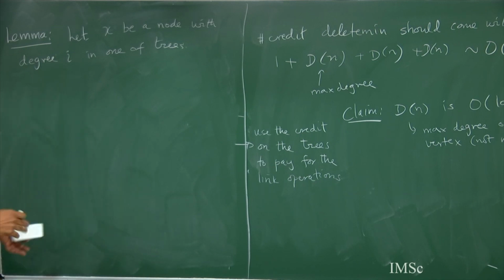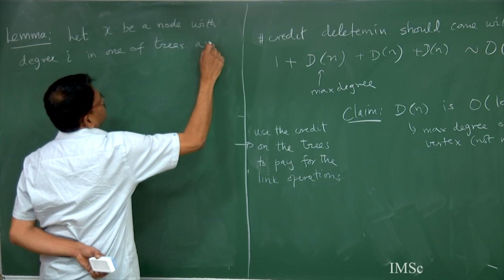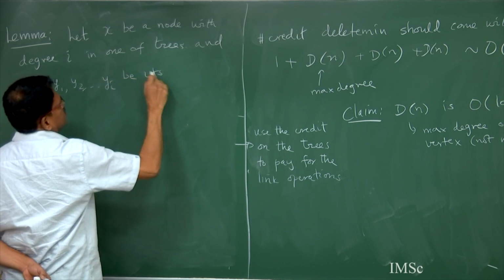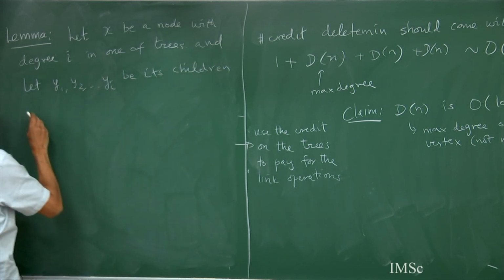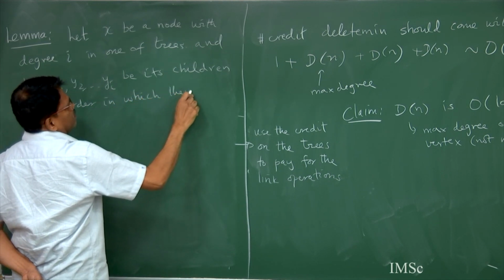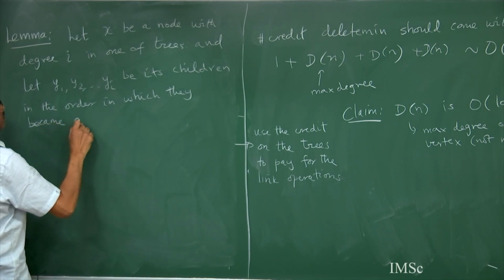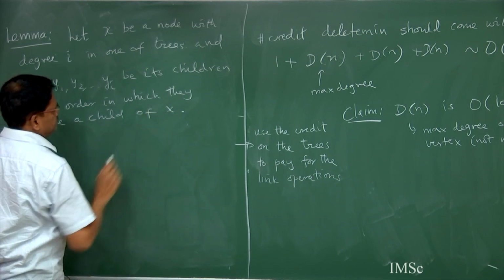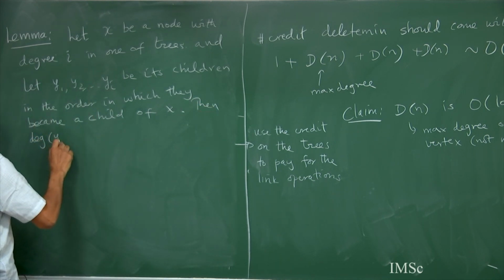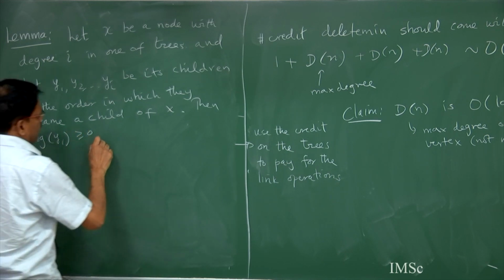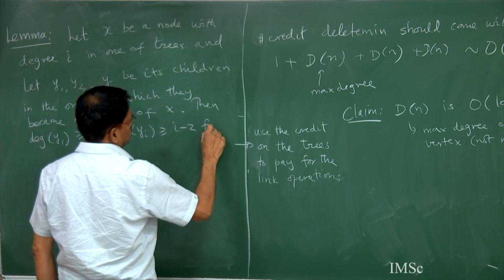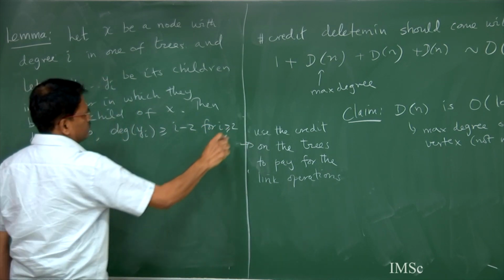It could be a root, it could be somewhere at an intermediate level, and let y1, y2, ..., yi be its children in the order in which they became a child of X. Then degree of y1 is greater than or equal to 0. Yes, this is the claim.